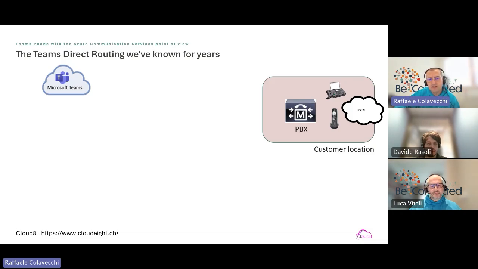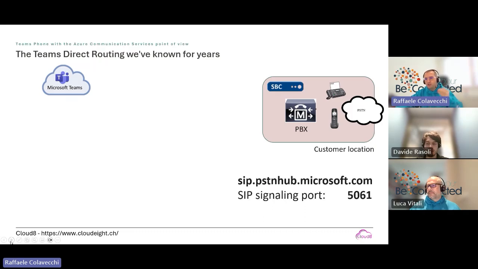To do that, we need to insert a device, a session border controller. A session border controller is also called a router for the phone system. With this device, you can configure the Microsoft Cloud with a particular endpoint.